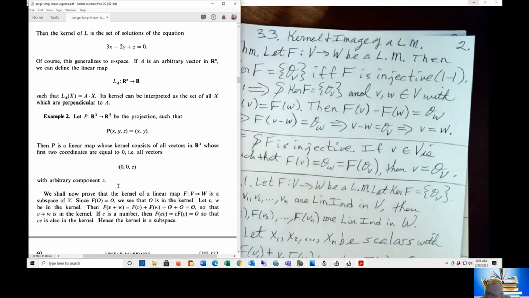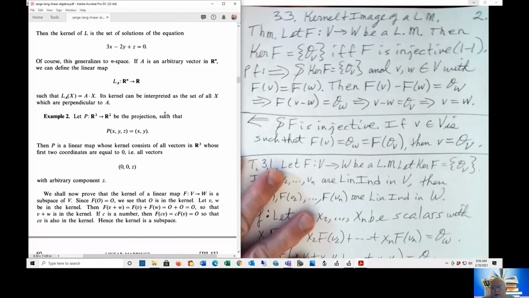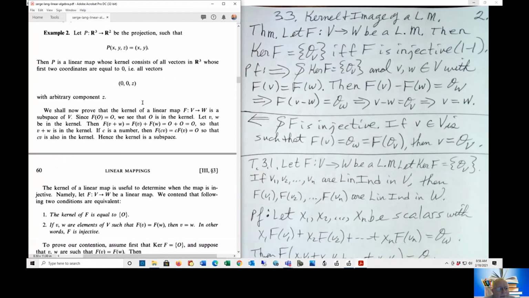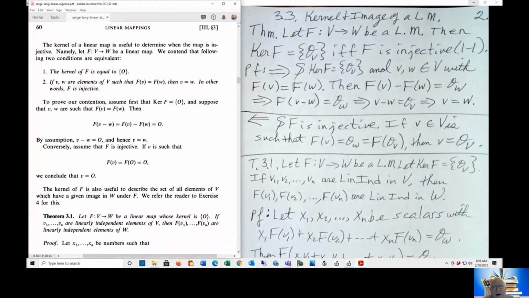We're going to now look at a very important property of the kernel of a linear mapping, and it's this following theorem that I have written down. Theorem: let f go from V to W be a linear mapping, then the kernel of the map consists only of the zero vector of V if and only if f is injective, or one-to-one.